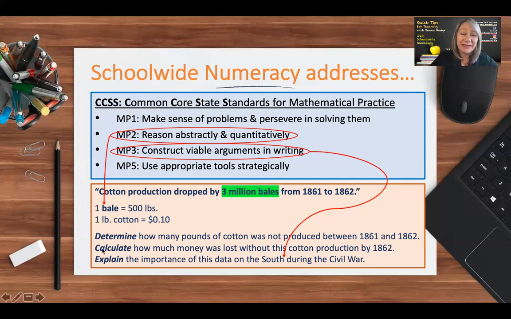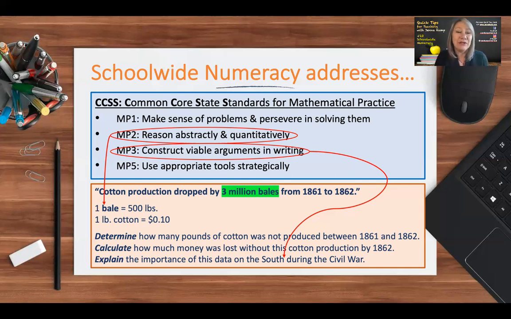Well, I could ask my scholars to calculate how much money was lost without this cotton production by 1862. So when 1 year of cotton production falls, how much of an economic impact did that make on the South? How much money was lost? And then I can ask them to construct a viable argument.